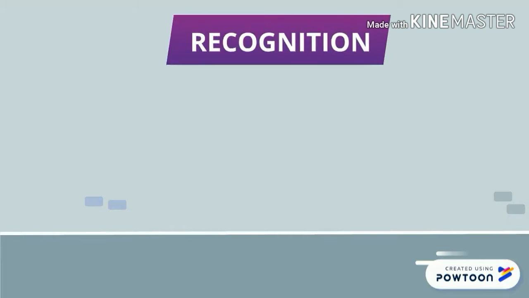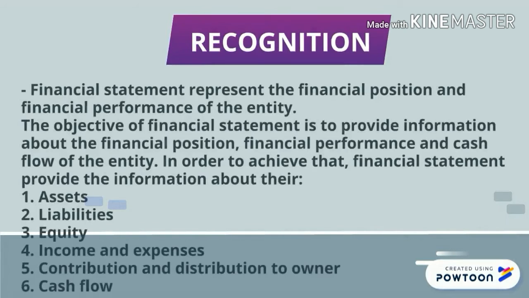Next, for the recognition of MFRS 101, financial statements represent the financial position and financial performance of the entity. The objective of financial statements is to provide information about the financial position, financial performance, and cash flow of the entity.